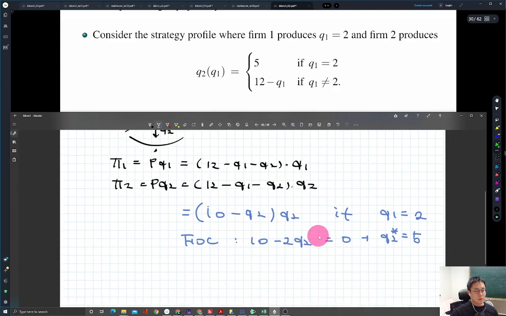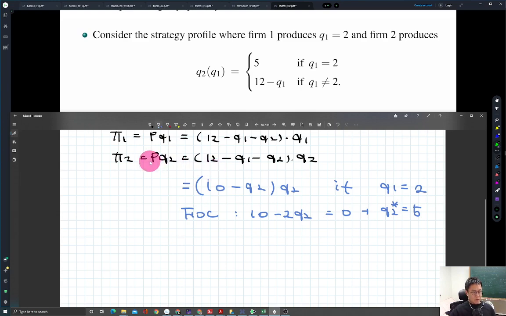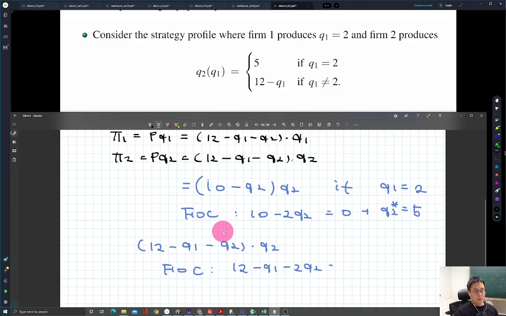But if we compute firm 2's best response in the case of general Q1, we take this as firm 2's payoff function, and the first order condition is going to be 12 minus Q1 minus 2Q2, set equal to 0. So firm 2's profit maximizing quantity is not 12 minus Q1, but half of it: (12 minus Q1) divided by 2.